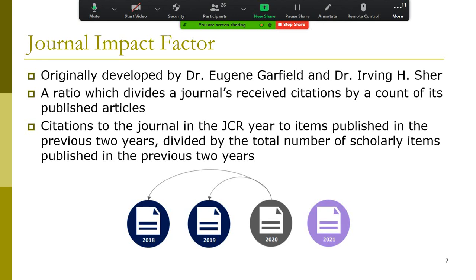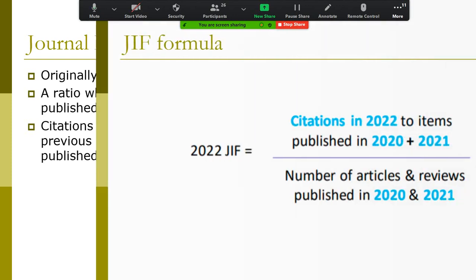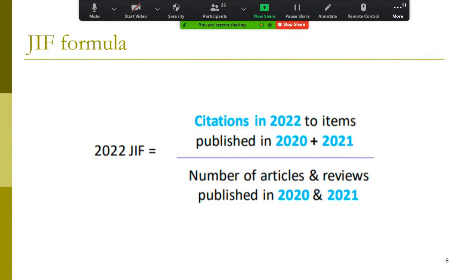There is a specific formula to calculate the journal impact factor. This is the formula. For example, in 2022, in the coming June, there will be journal impact factors for all these 12,000 journals.